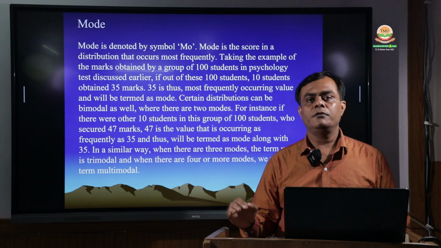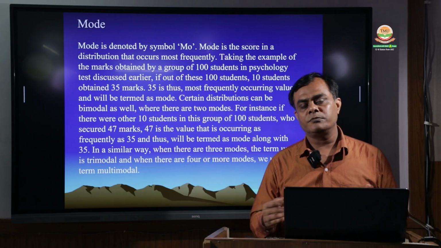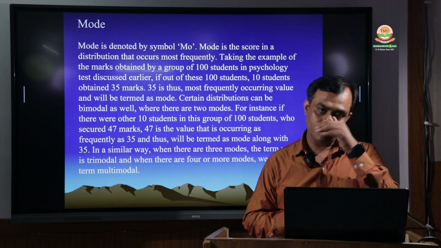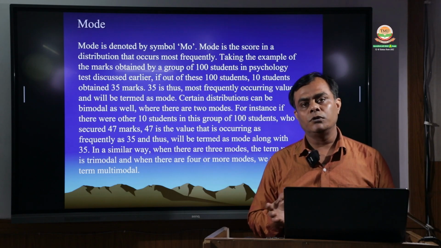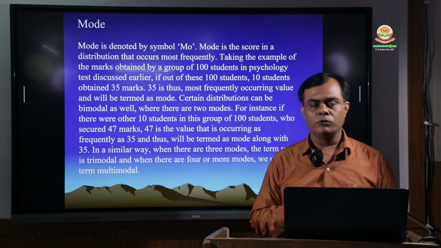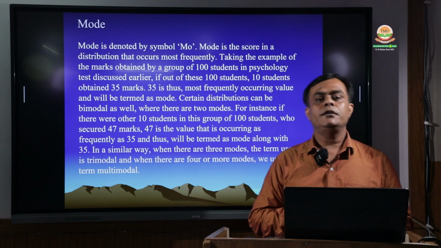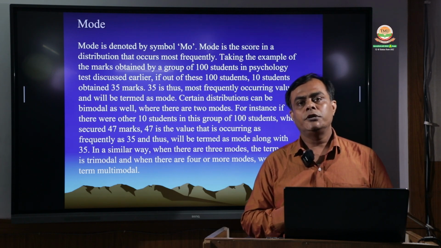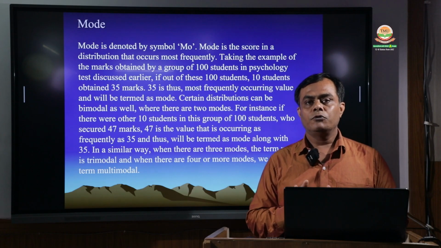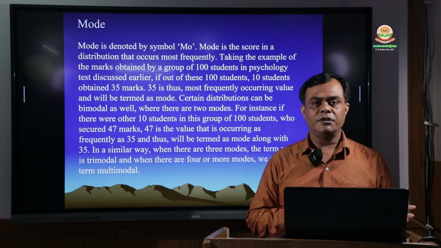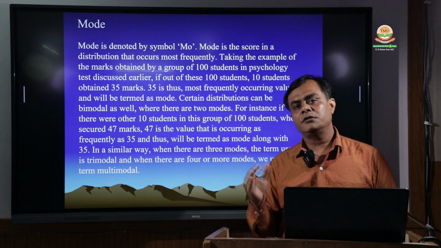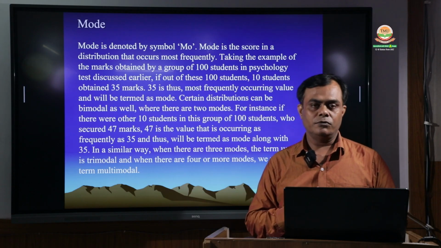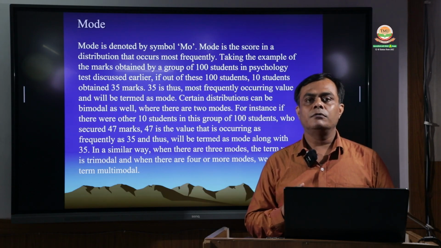The mean, or arithmetic mean or average, is a single value for the whole data, the whole score, the whole population. The median divides the whole data into two different parts. One part is lower than the median value, and the other part is above the median value. And the third is the mode.